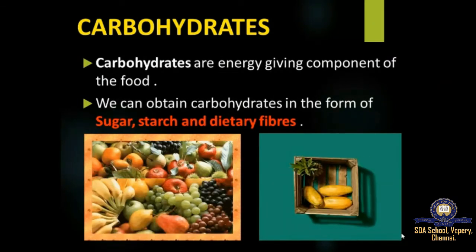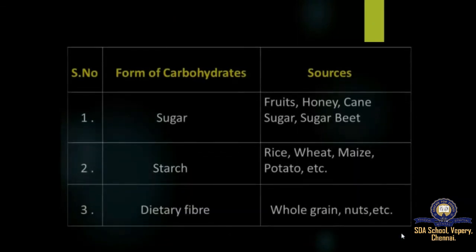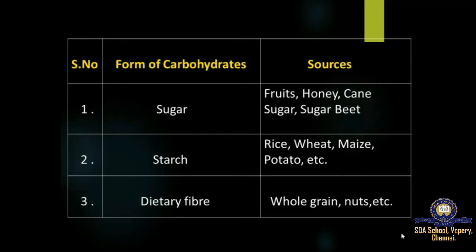Now we'll be looking into the sources of carbohydrates. The first form of carbohydrate is sugar, and the sources are fruits, honey, cane sugar, and sugar beet. The second form is starch, and the sources are rice, wheat, maize, and potato.